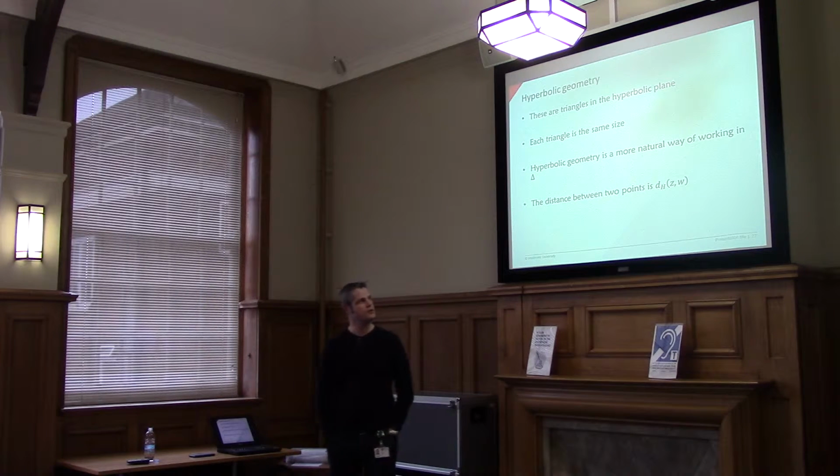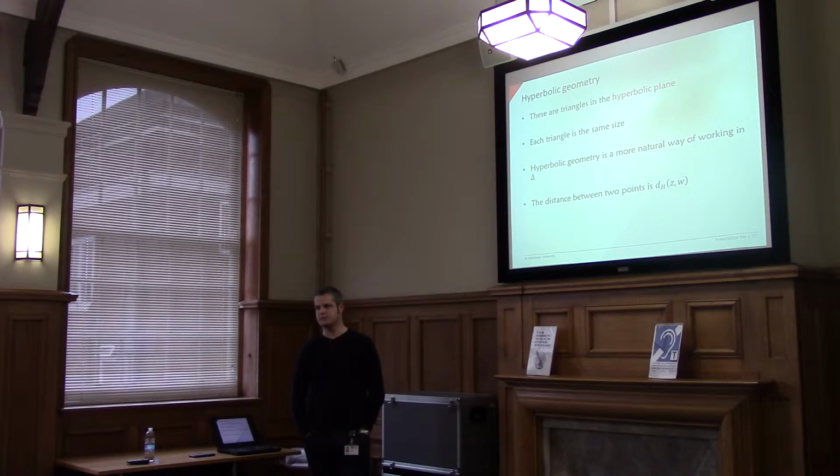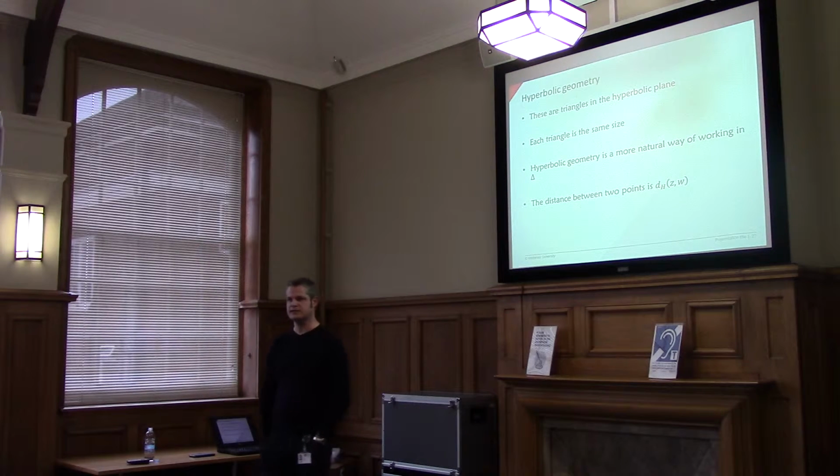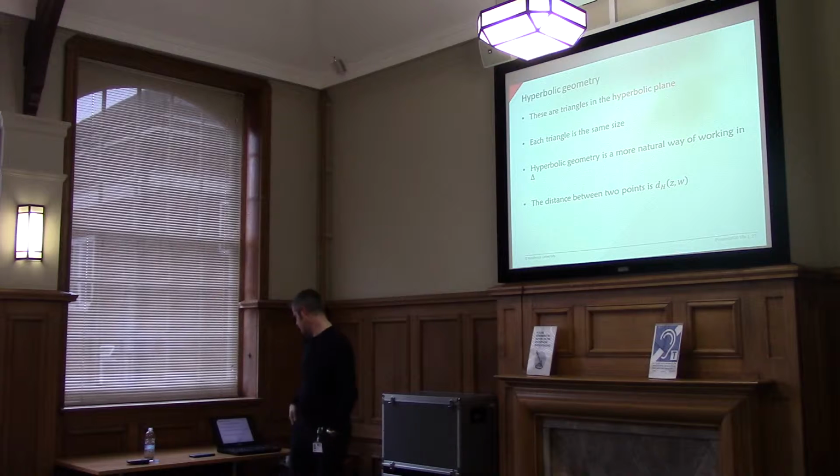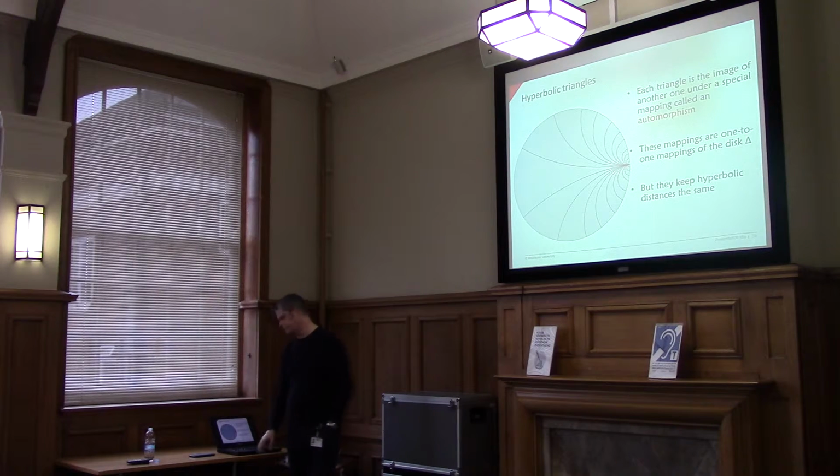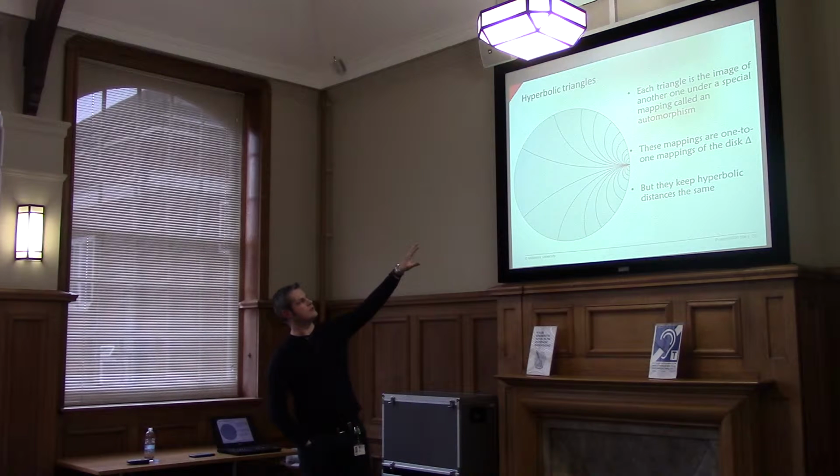So in hyperbolic geometry, you can still measure the distance between one point and another. I'll call that dh of z, w. But if I go back to this diagram, think of these triangles as just triangles in the hyperbolic geometry. In hyperbolic geometry, every single one is the same size. They're exactly the same size.